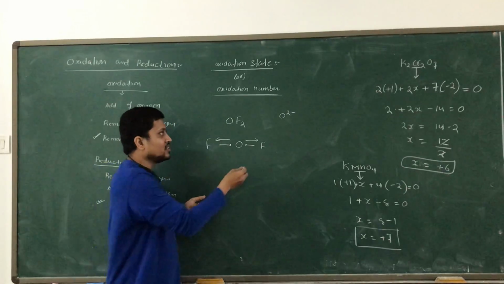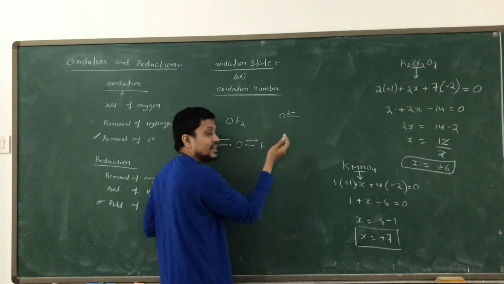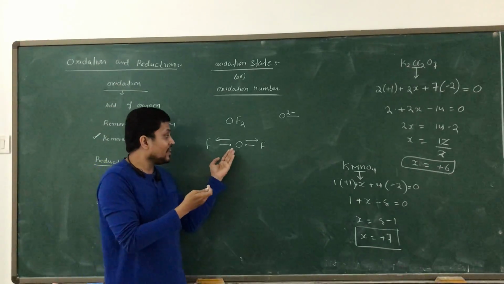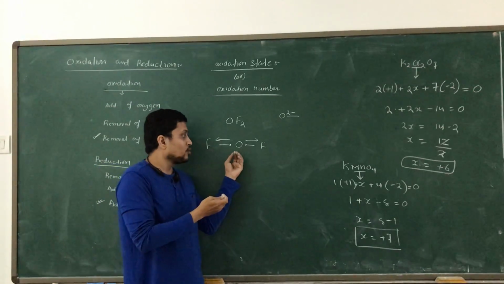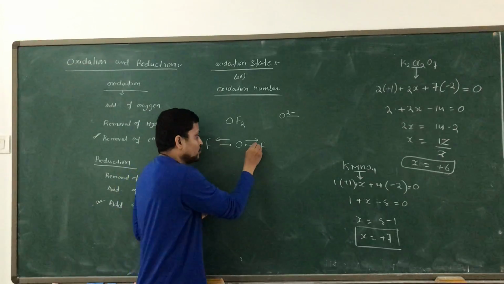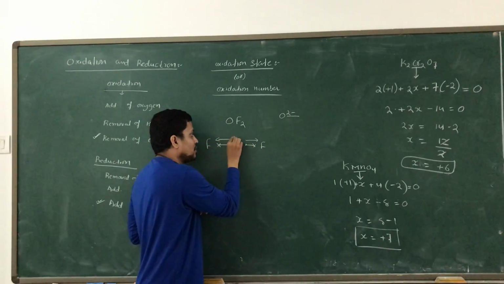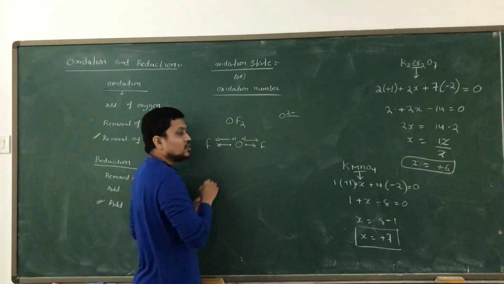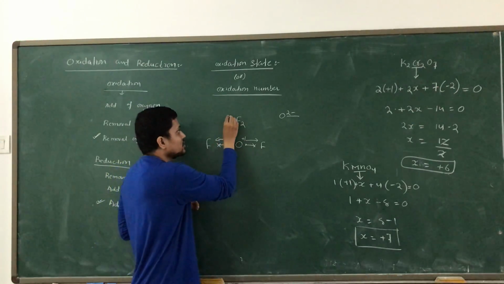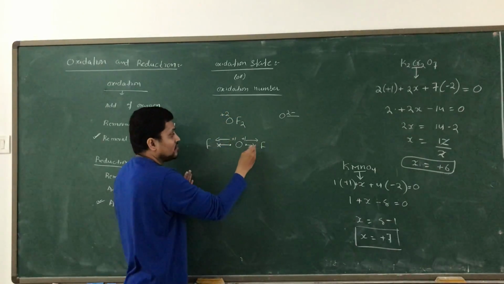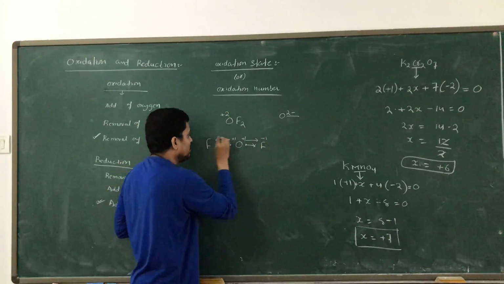Normally oxygen gets minus 2 by taking electrons from other elements. But fluorine is the only element where, when they compete, oxygen is going to lose. Now fluorine is going to take the electrons of oxygen. So 1 electron from here, plus 1, and 1 electron from here, plus 1. So here the oxidation state of oxygen is going to be plus 2. And fluorine, taking 1 electron, becomes minus 1.